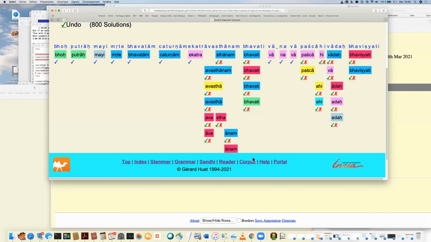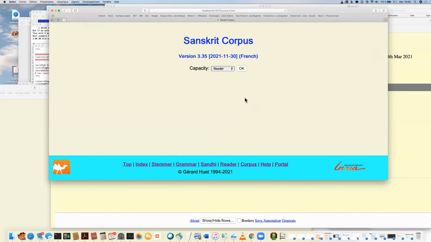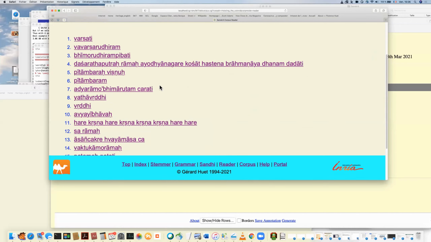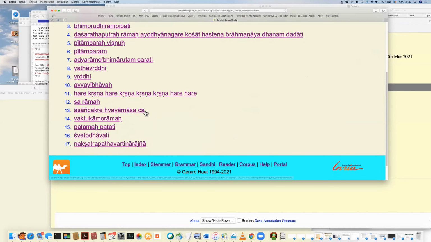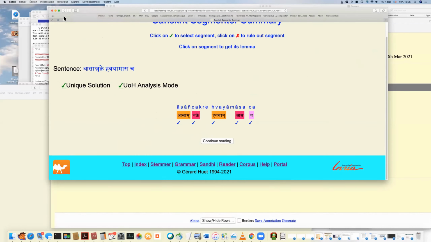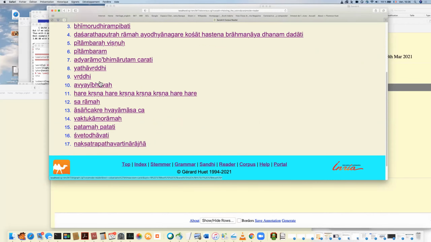In the hoisting of colors. I went fast through the hoisting of colors because some are complex constructions that have not yet been explained by the grammarians of the team.